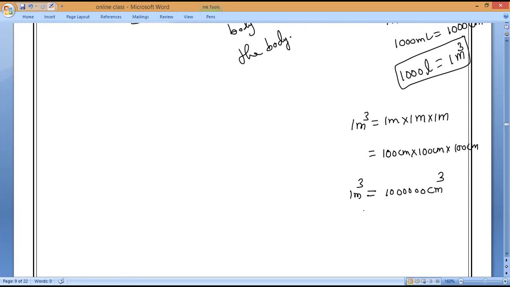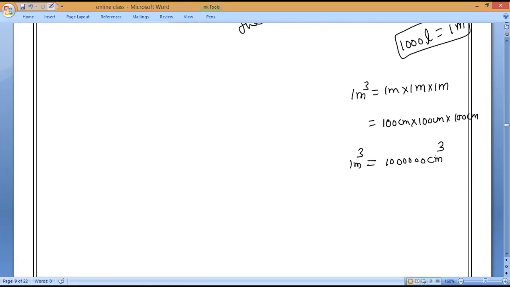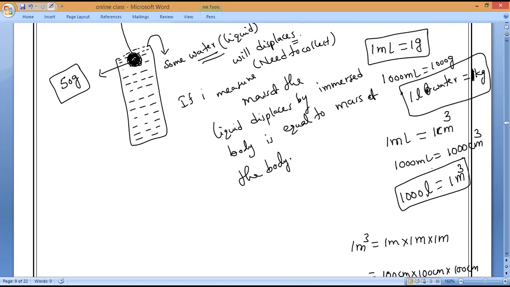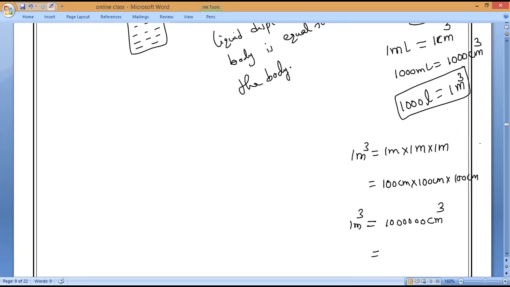Now let us see how we will write this. Observe very carefully. We want it in liters. So now 1000 ml is equal to 1 liter. Do you understand, everybody?